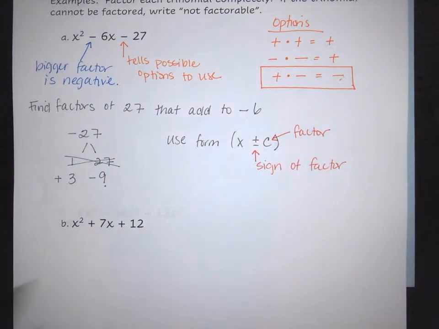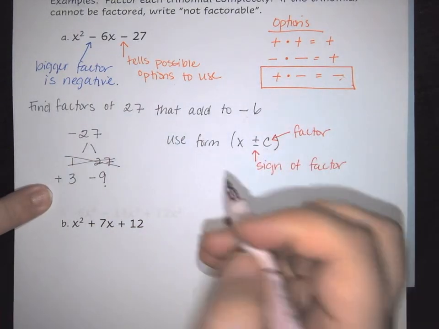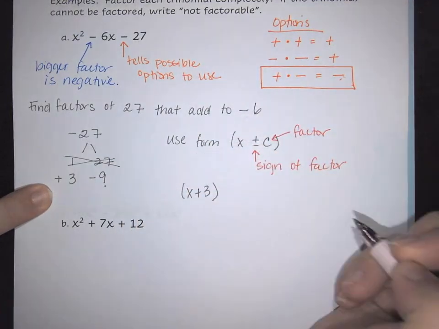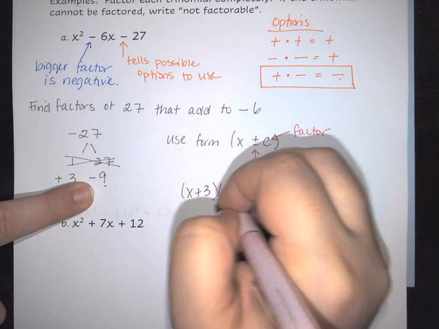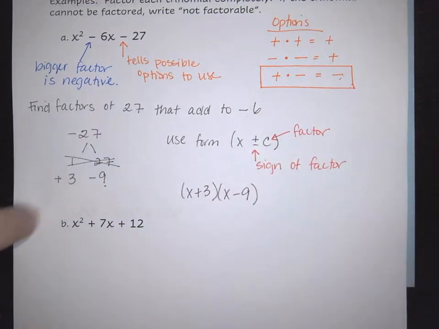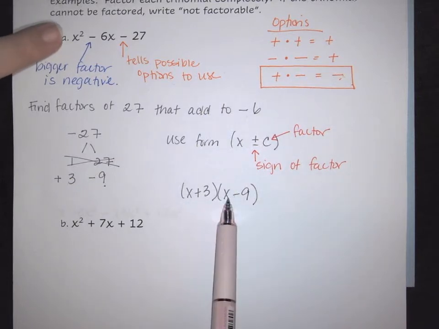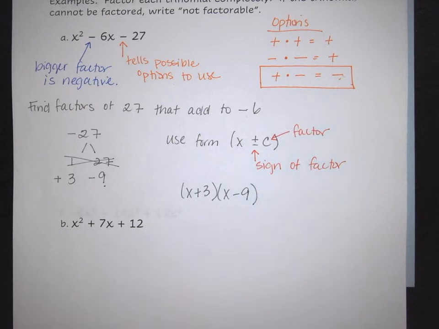So here I have a positive 3, so this is going to be x plus 3, and I have a negative 9, so x minus 9. Now to check myself to see if I got everything right, I could simply multiply these back together, and when you do so, you come up with what you started with. Okay? So in a nutshell, that is what we are doing.